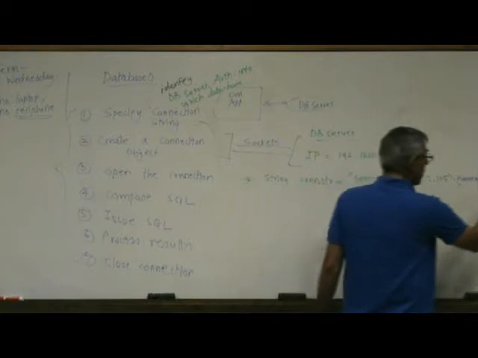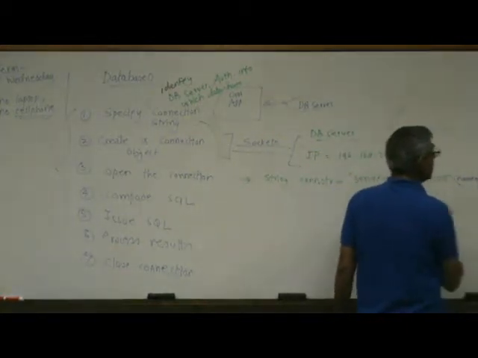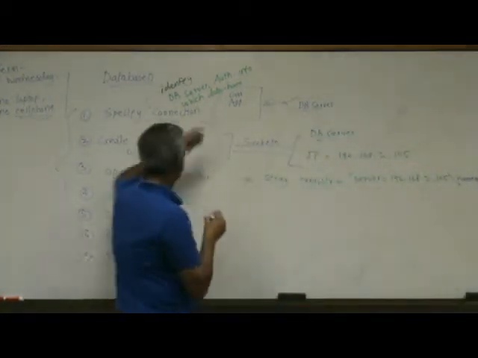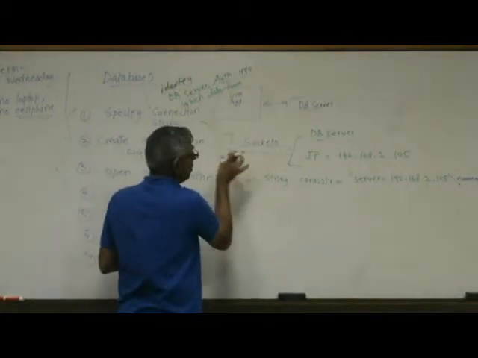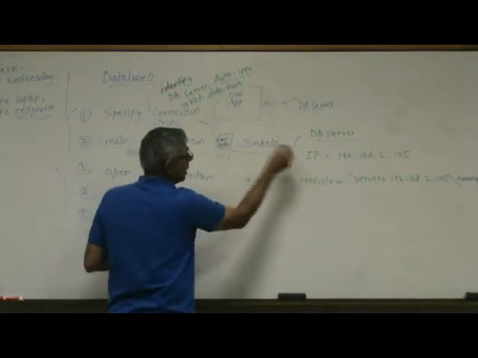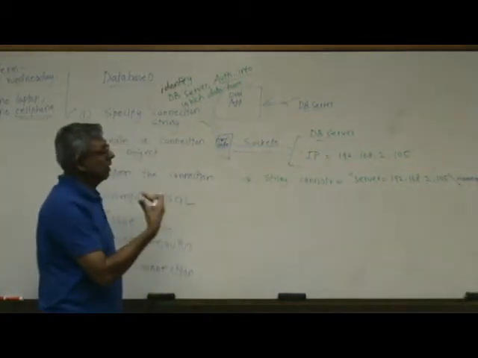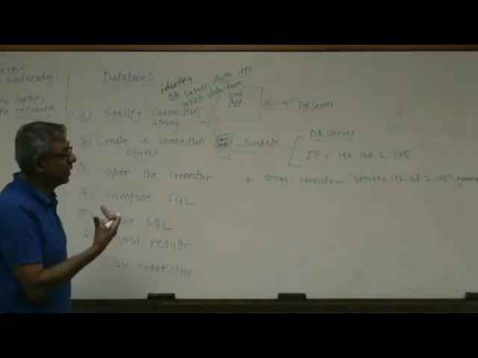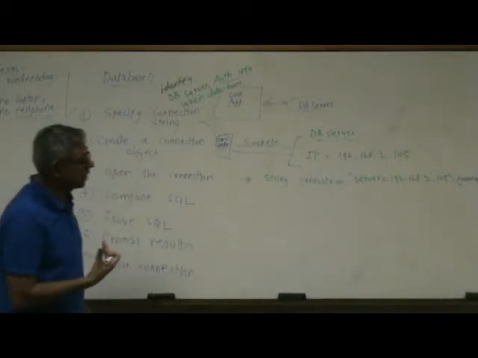The second part of the connection string is some authentication information, meaning how our code will identify itself to the database server, so the database server allows us to issue SQL.